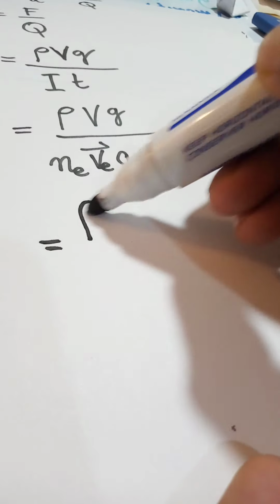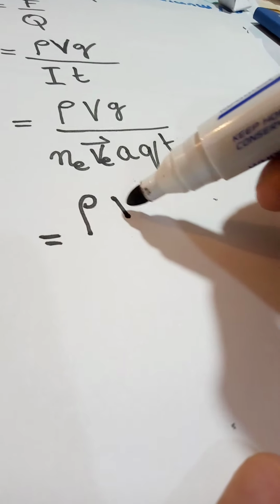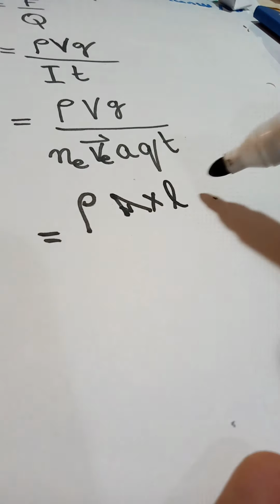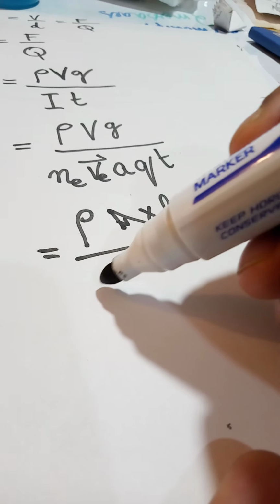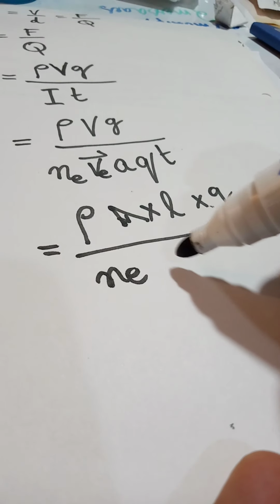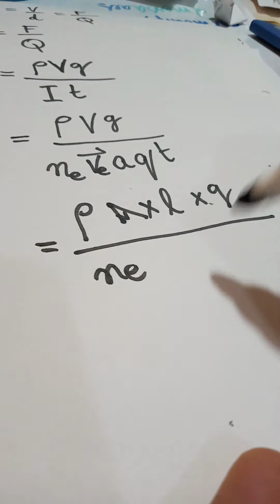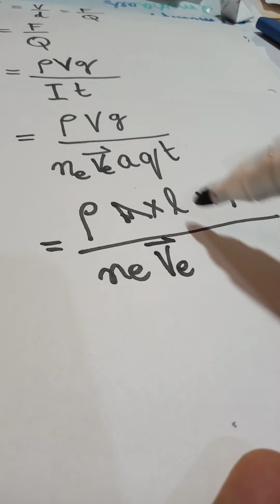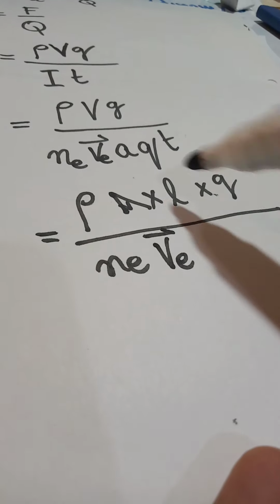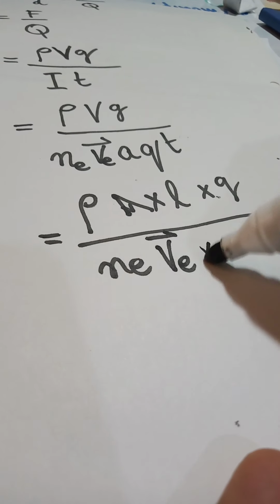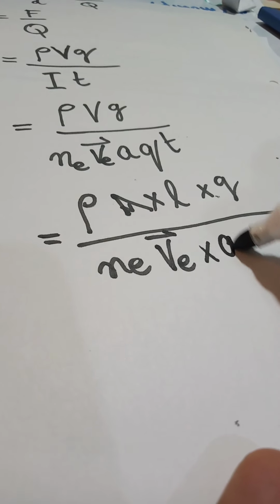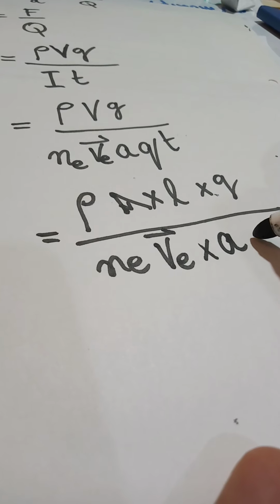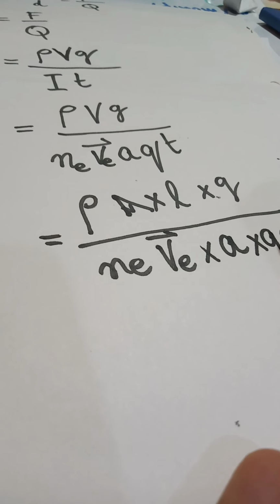We know that volume is a product of area times length. So area gets cancelled, and V gets cancelled as well. Because when the areas have been cancelled, L over T would become velocity.